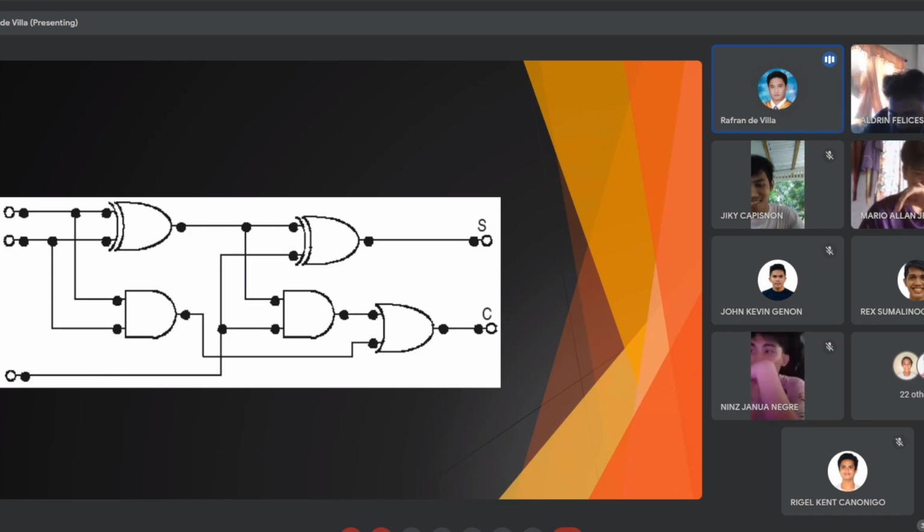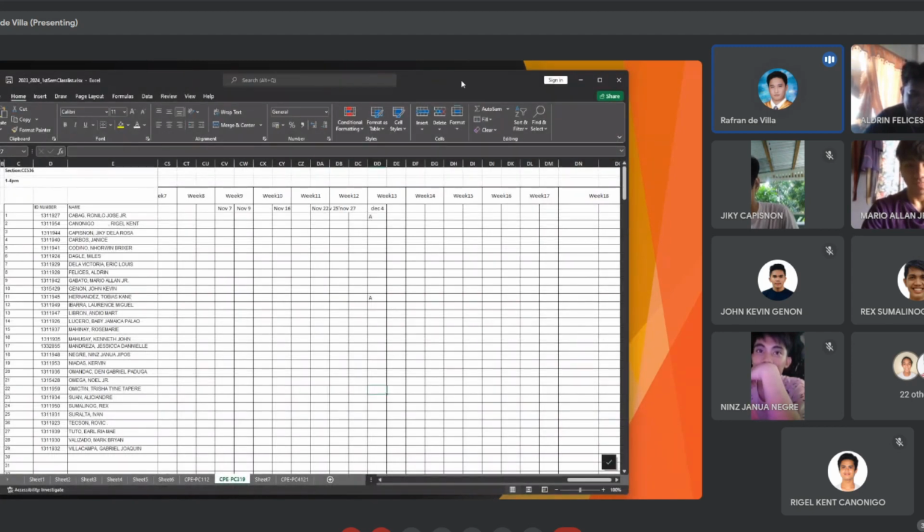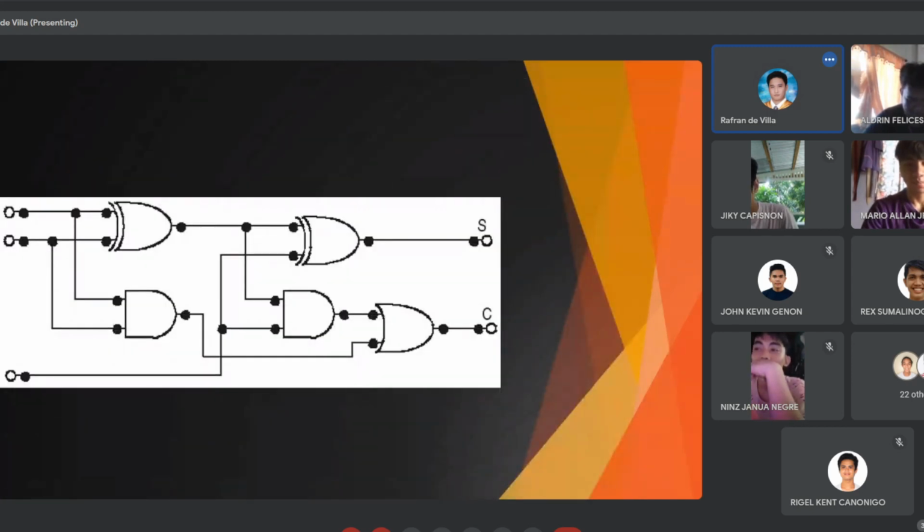Absent si Soralta. Nawagtang man si Soralta.